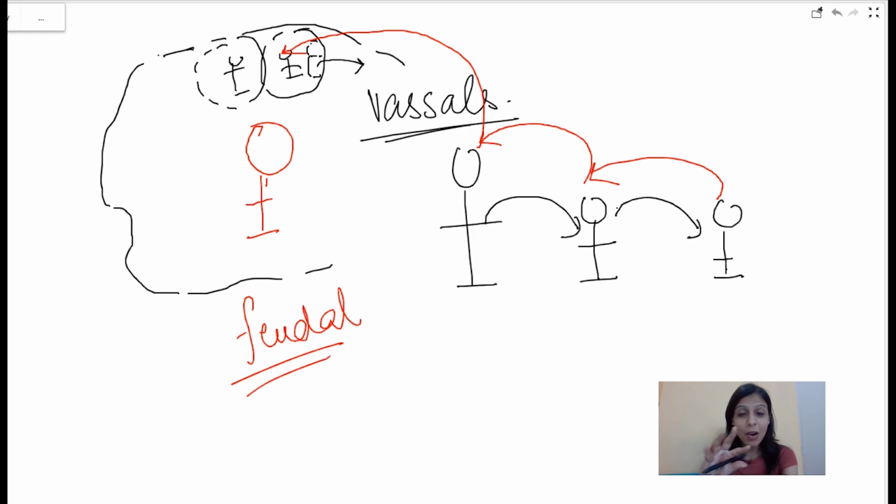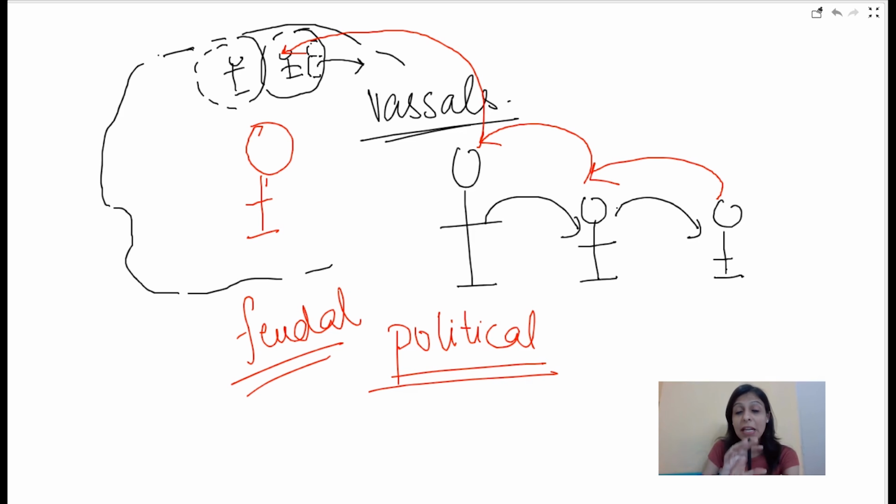So all this redesigned their country's political setup. They uprooted their centuries old institutions, like we talked about, the absolute monarchy and the feudal system.